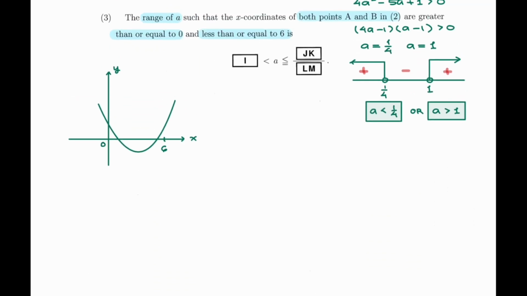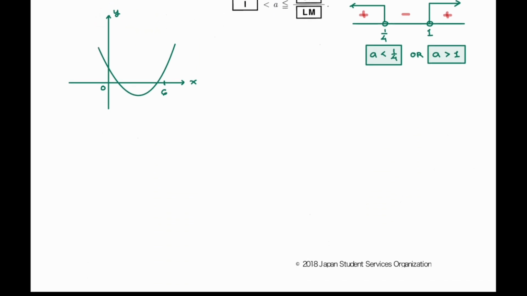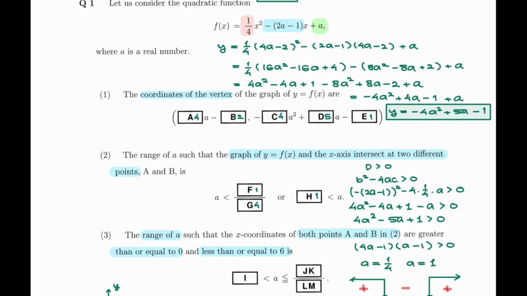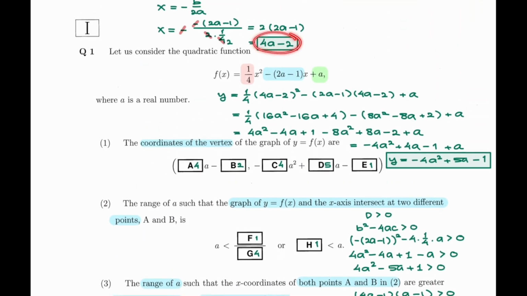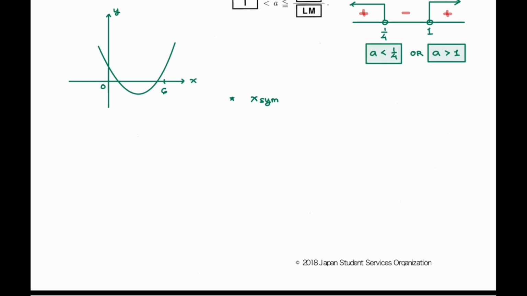So the first condition that must be satisfied for question number 3 is that my x of symmetry, or x of vertex, my x coordinate of the vertex, which is 4a minus 2, must be between 0 and 6. So 0 less than x of vertex less than 6. So 0 less than 4a minus 2 less than 6.